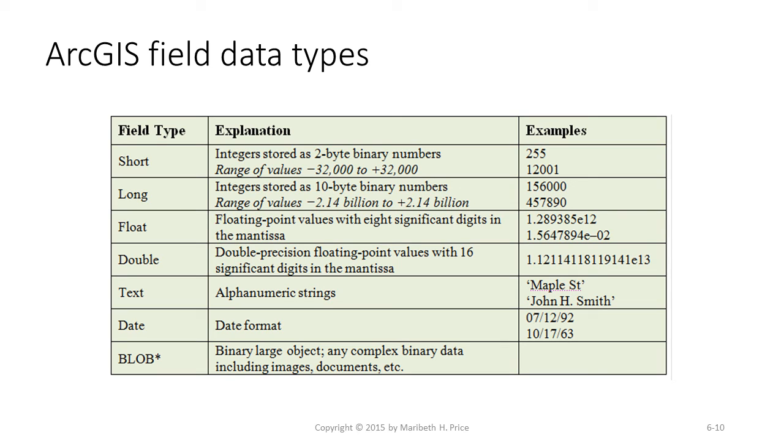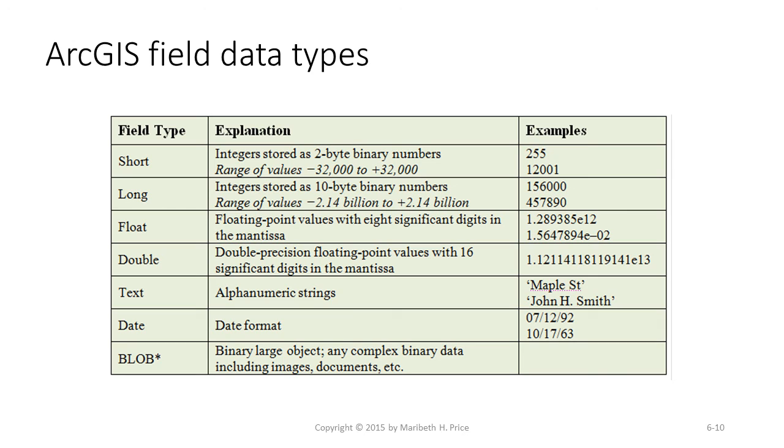Now, having said all that, this little green box is your best friend. If you can commit this to memory, or better yet, copy it and save it somewhere so that it's there when you need it, that'll help you out a lot, because then you can know what kind of fields you need to have.